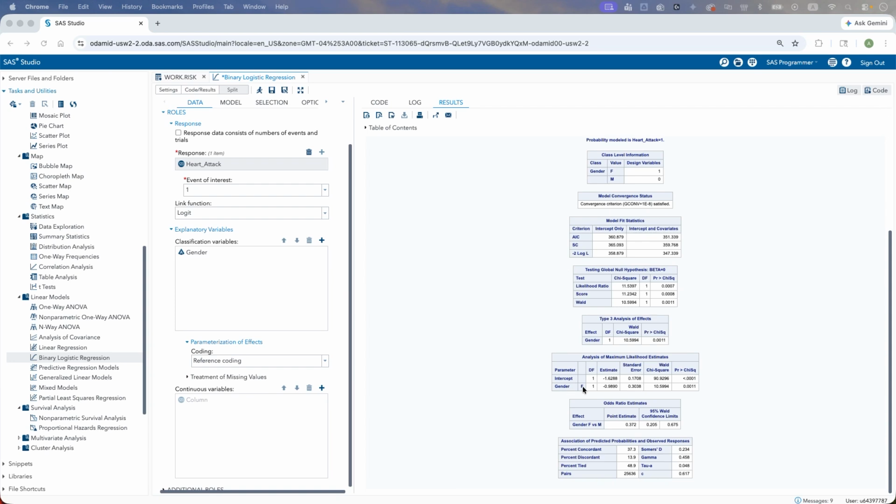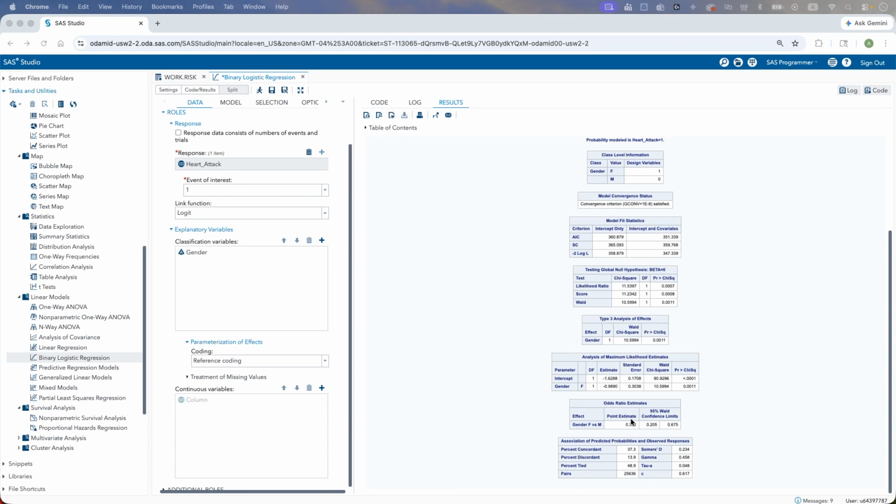After that, the most important part is the odds ratio estimates. This is the one that we're going to focus on and read. But the odds ratio is 0.372, and it's less than 1. In other words, we have female versus male. So the females are less likely to have a heart attack than men, because this is less than 1.